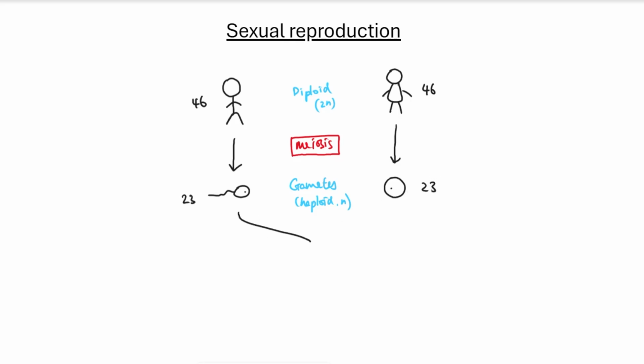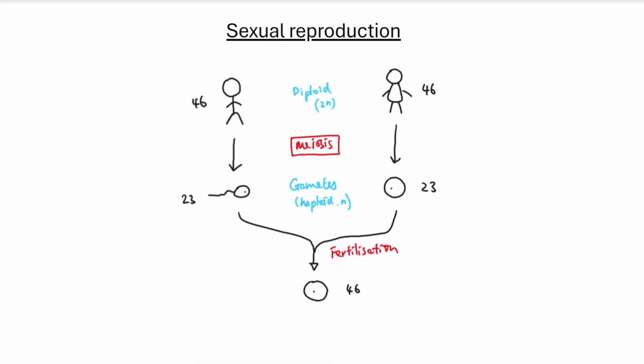Now after that, the gametes can fuse together, and this process is called fertilization. You make one cell like this, but because you're fusing the gametes, which both carry 23 chromosomes, you end up back with a diploid cell with 46 chromosomes again.